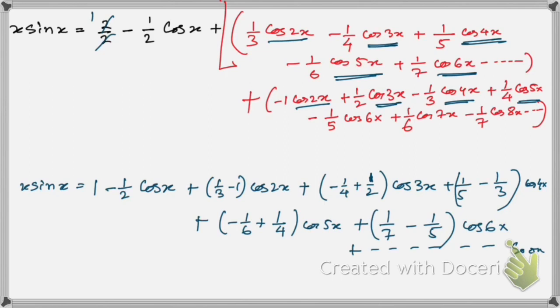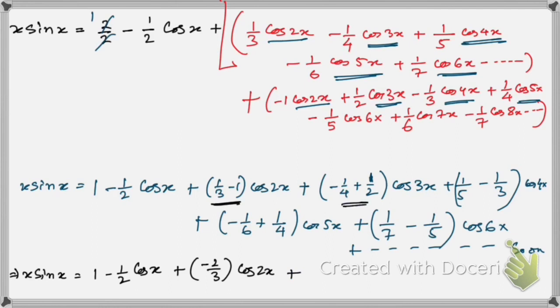So now you see, if you simplify this, then what you're gonna have, x sine x is equal to minus 1 by 2 cos of x, right? So from here you're gonna have minus 2 by 3 cos twice x.